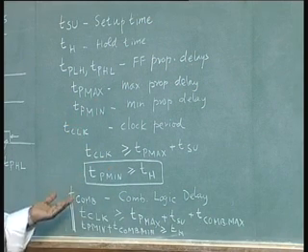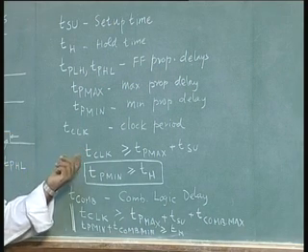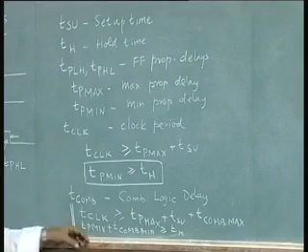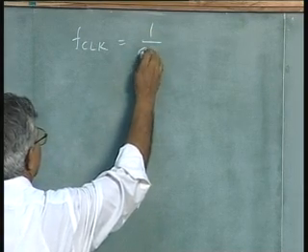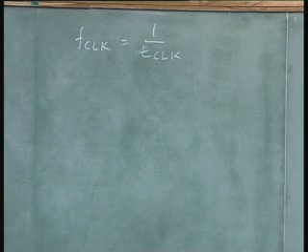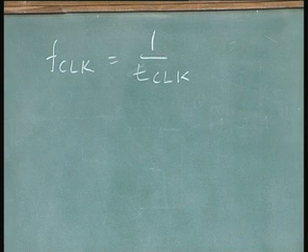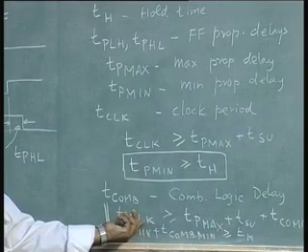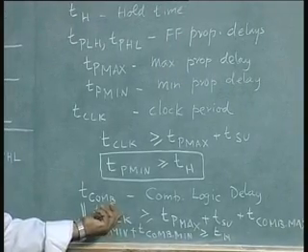So how does it help us? We can find out the maximum frequency at which you can operate the circuit. Now T clock is a period, and the frequency of a clock is the inverse of the clock period. So the maximum frequency at which I can operate a flip flop will depend on the minimum period of the clock, and that period determines the maximum frequency.